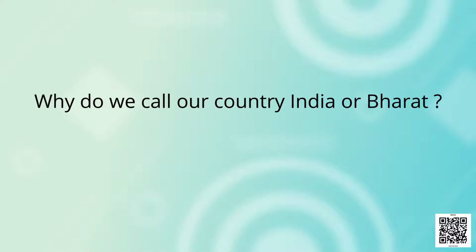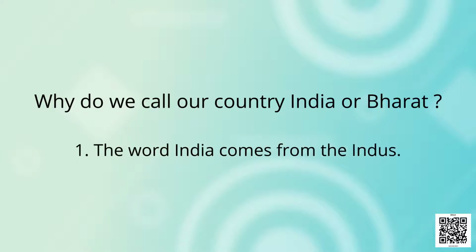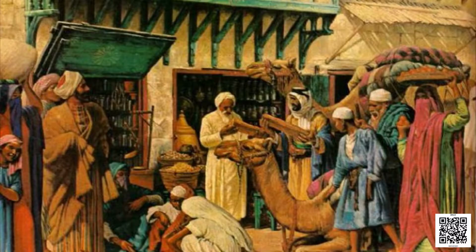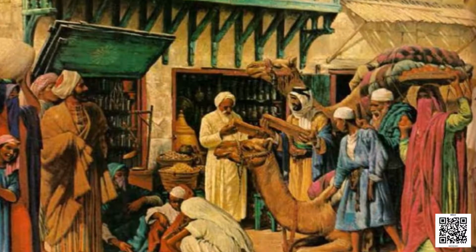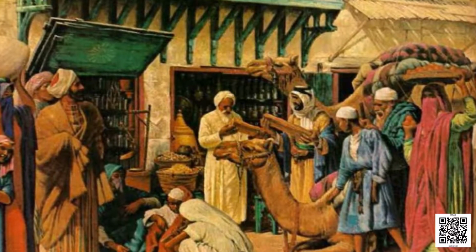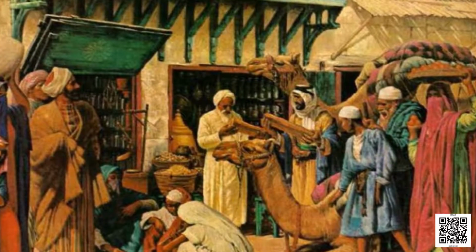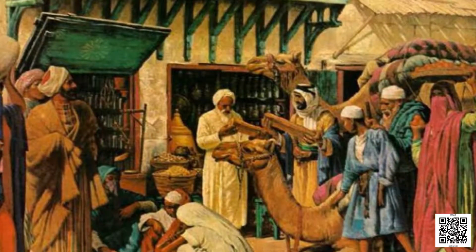Okay, let's try to know why we call our country India or Bharat. Two of the words we often use for our country are India and Bharat. The word India comes from the Indus, called Sindhu in Sanskrit. Find Iran and Greece in your atlas. The Iranians and Greeks who came through the northwest about 2500 years ago were familiar with the Indus.